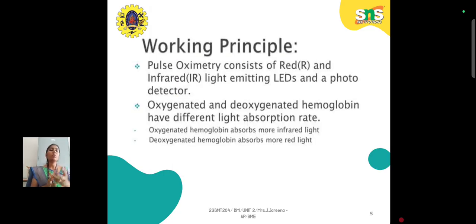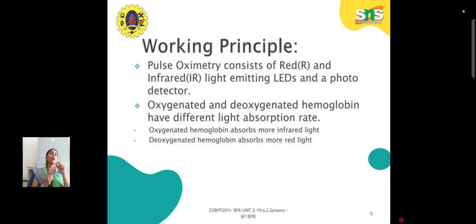Okay, so what is the working principle of pulse oximetry? This is a simple medical device. It consists of two LED lights, light emitting diodes. One is for infrared light, another one is for red light, and opposite you will have the photodetector.